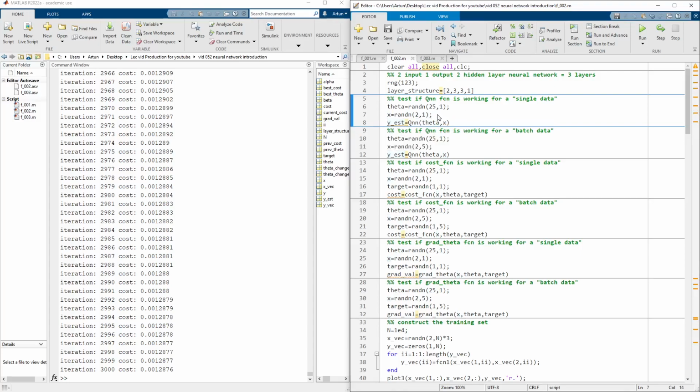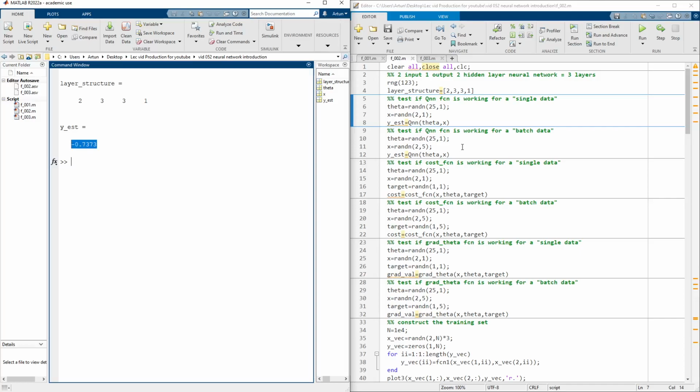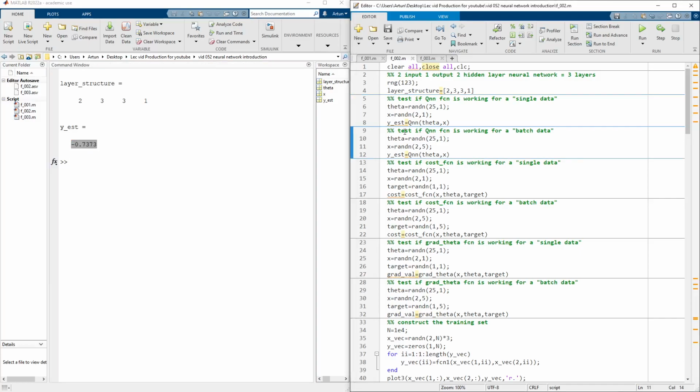And we input that, and we get the estimate. Let me run that. Okay, it's working, right? We can see that. And here it says test if QNN function is working for batch data. Again, generate random theta values, parameters.